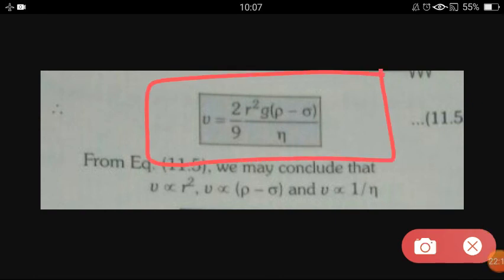So here you can see, after rearranging that equation and solving it mathematically, we got the value of V as V equals 2 upon 9 r square g into (rho minus sigma) upon eta. This value we have got for terminal velocity.